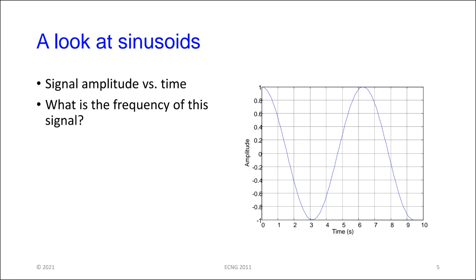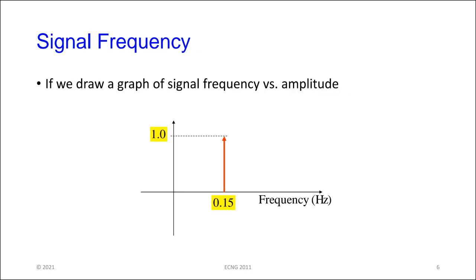Right, 1/6 hertz. Time is in seconds, so the period looks like about 6 seconds. So the frequency is 1 over the period, so 1/6 hertz, which is about 0.15 hertz.